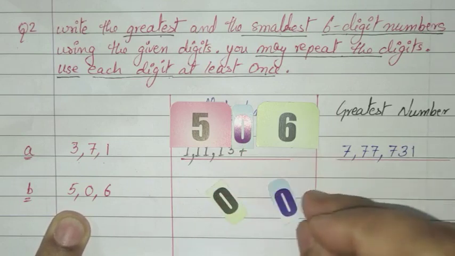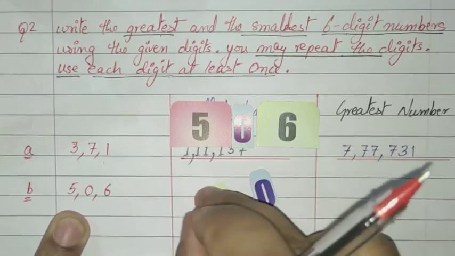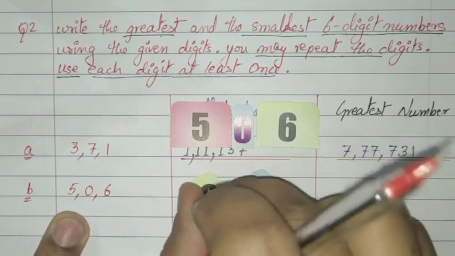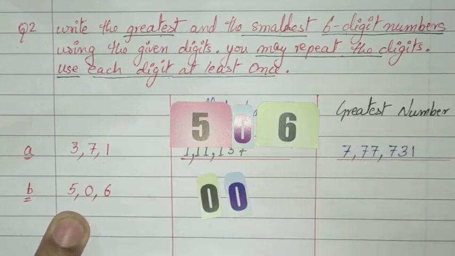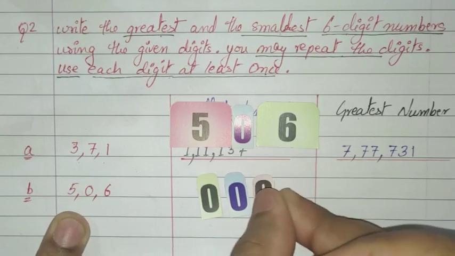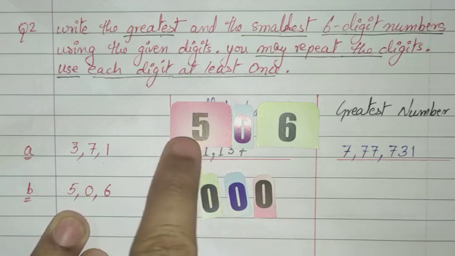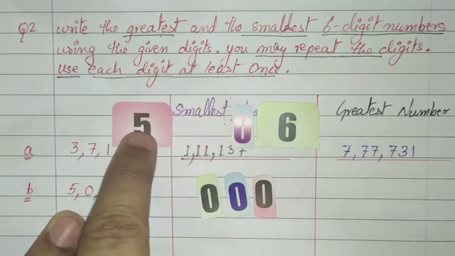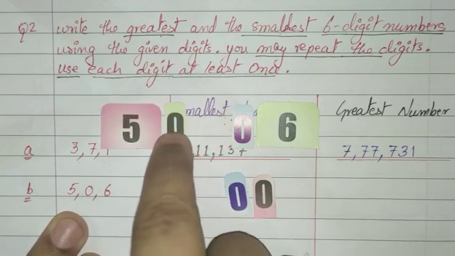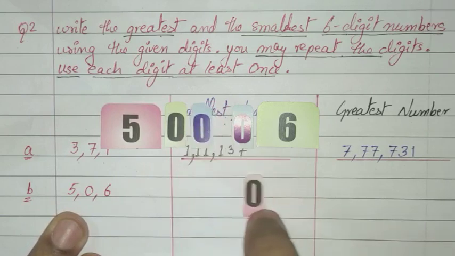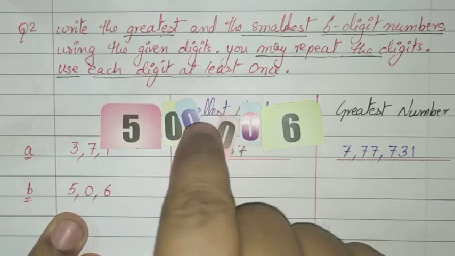1, 2, and 1 more 0, 3 zeros. And you have to put zeros on the left. 0, 0, and 0.